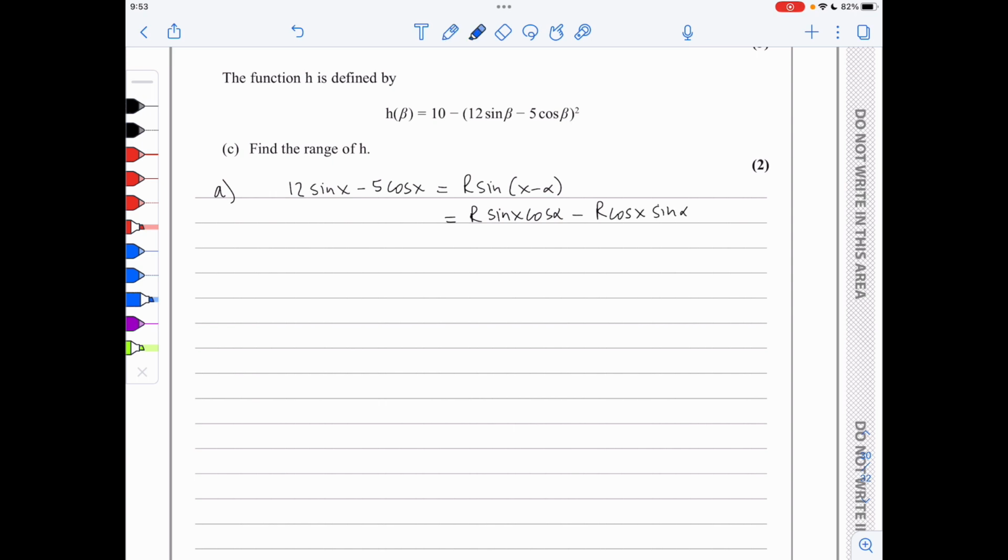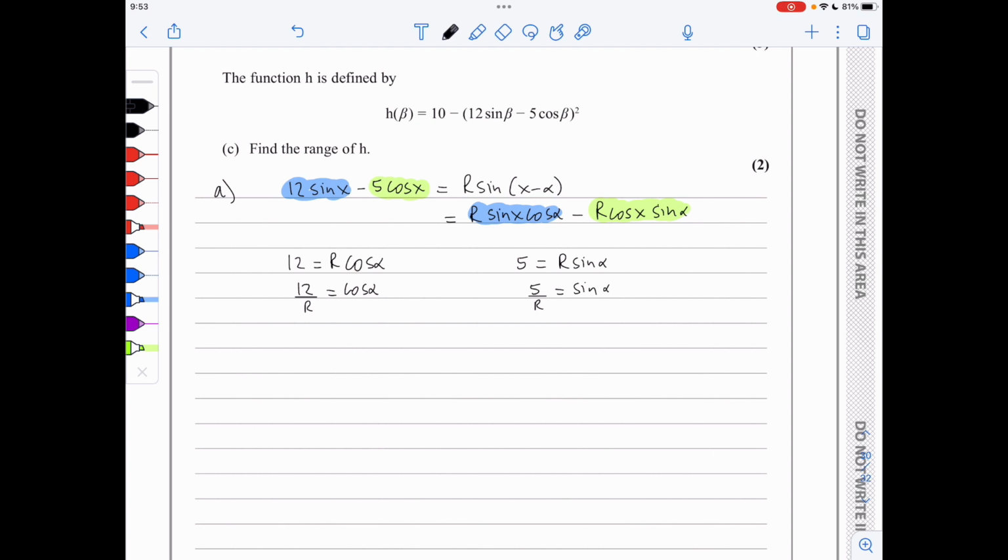I will be equating the sin x terms and then the cos x terms, and this will give me two equations. So we have that 12 is R cos α and 5 is R sin α. So 12/R is cos α and 5/R is sin α.